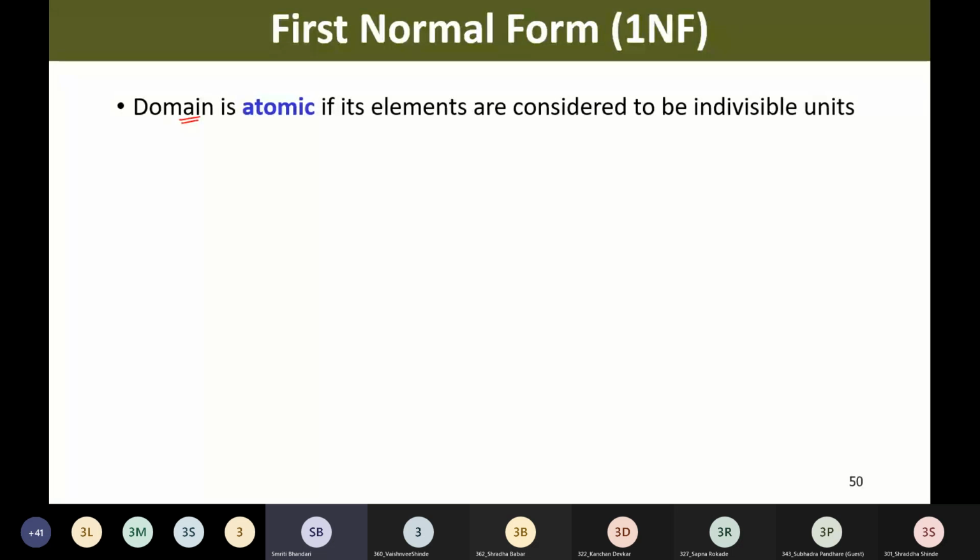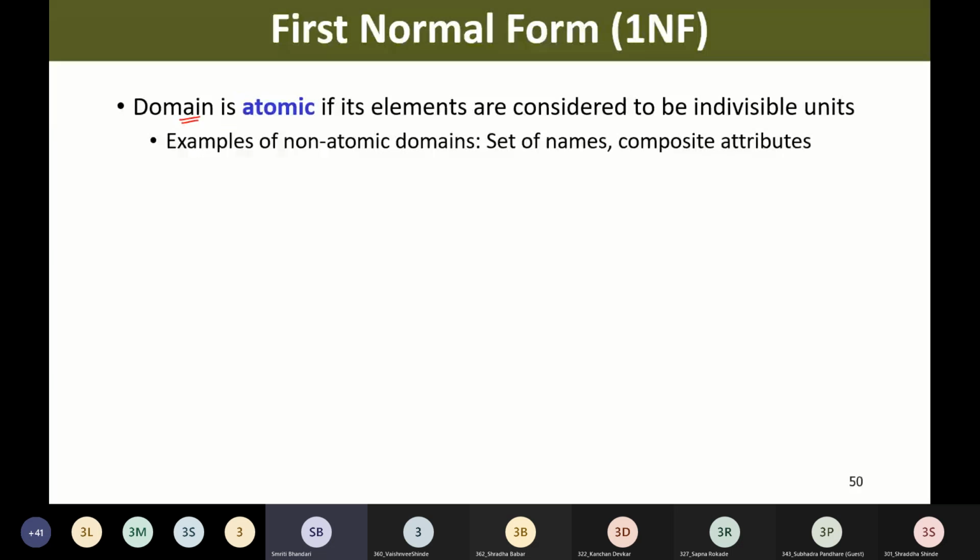Examples of non-atomic domains are a set of names or composite attributes. These are examples of non-atomic domains, right? So we know the concept of atomic domains now. 1NF is based on this concept.